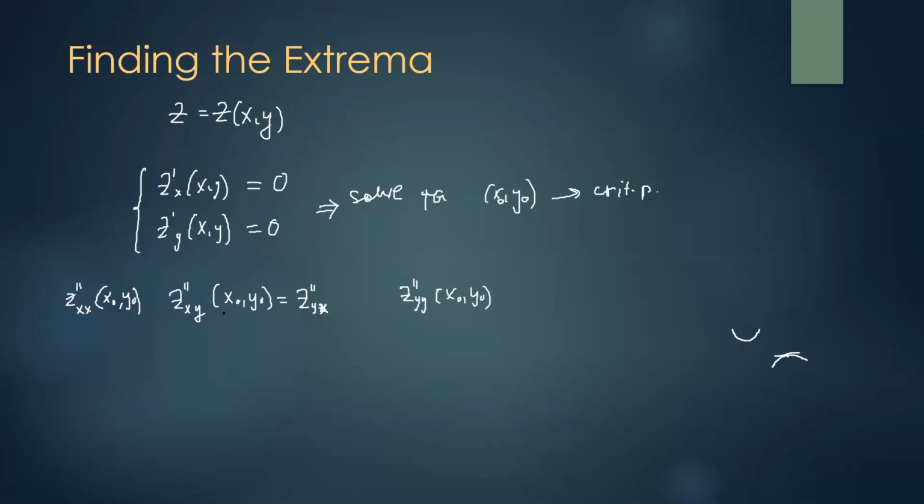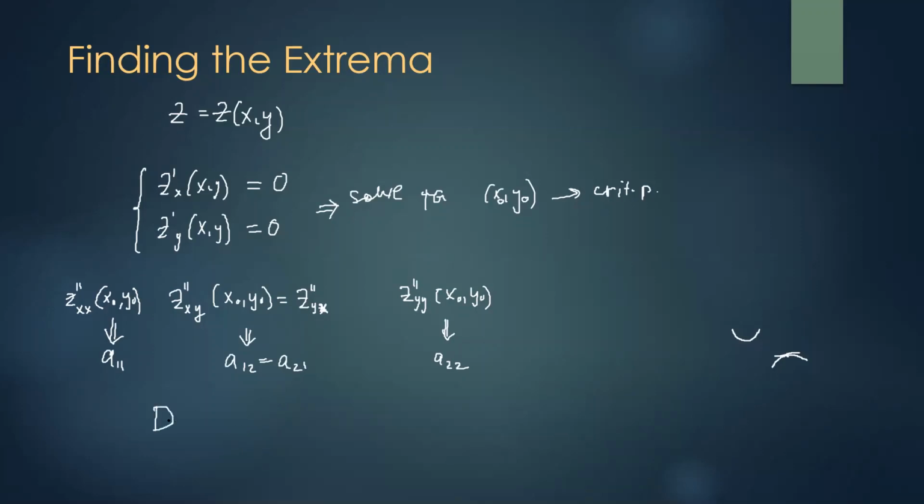These are numbers now. So we rename these numbers. This will be A11. This is A22 from the second. And this will be A12 or also A21. And guess what? We make a determinant.